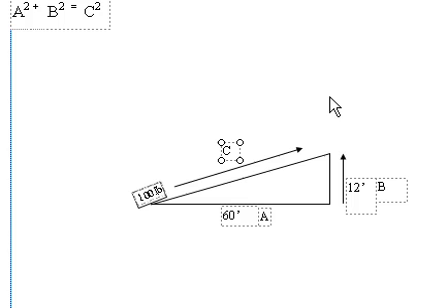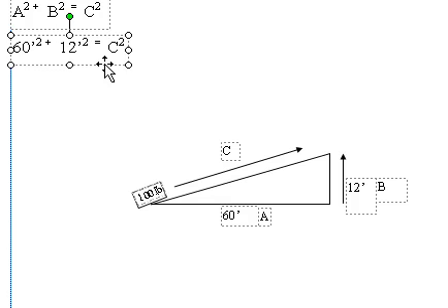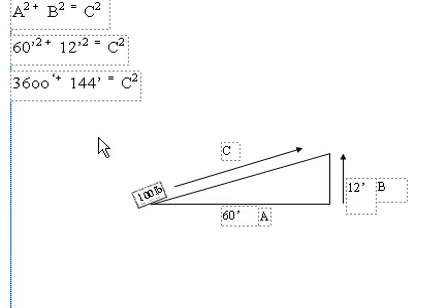So then a squared plus b squared equals c squared, we'll set that up. We'll substitute, and we'll put 60 feet squared plus 12 feet squared equals c squared. And then the next step of the equation is multiplication.